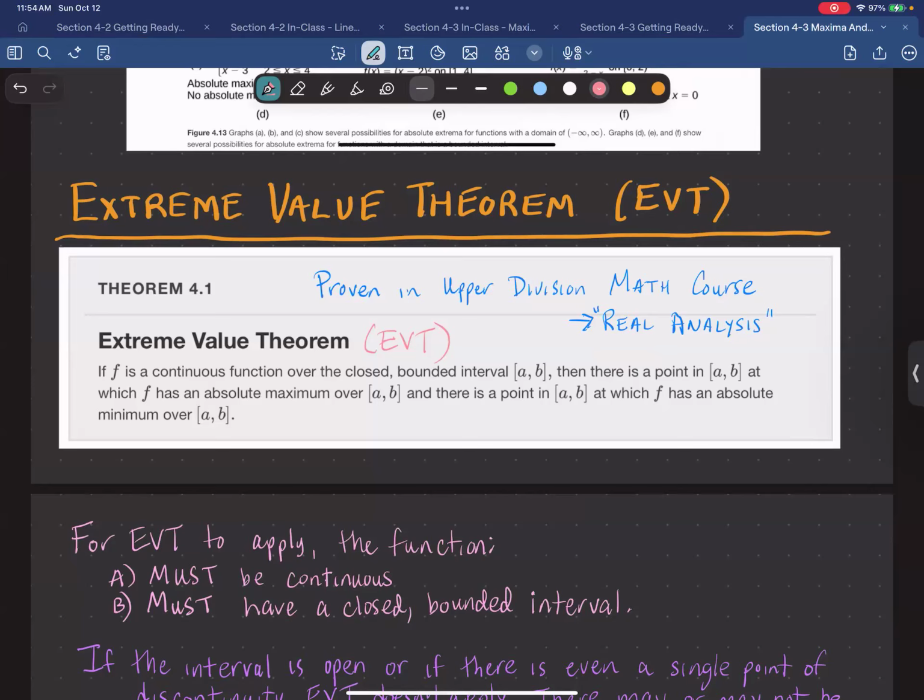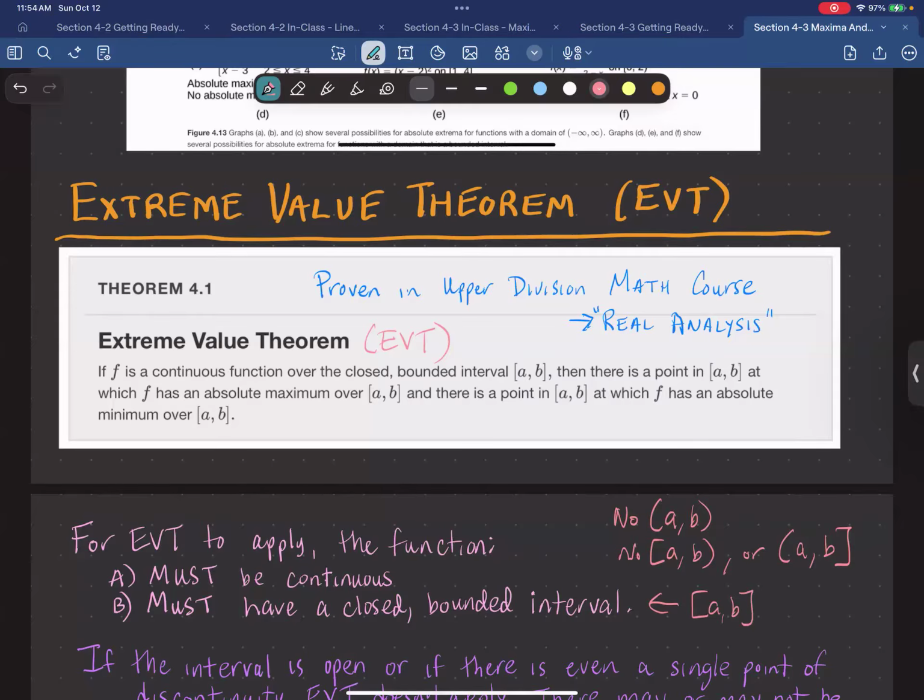For the EVT to apply, it has to be continuous. It has to have a closed and bounded interval. No (a, b), no [a, b) with the parenthesis, or (a, b]. None of those apply. It has to be brackets on both sides.